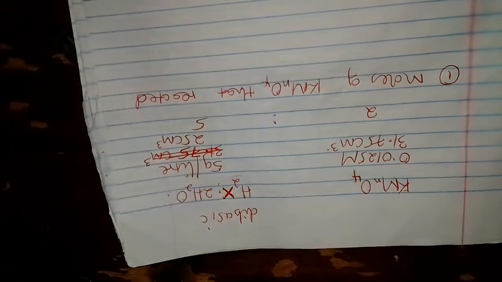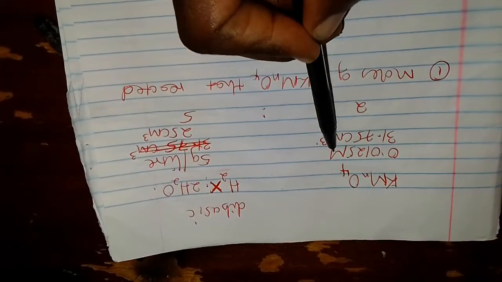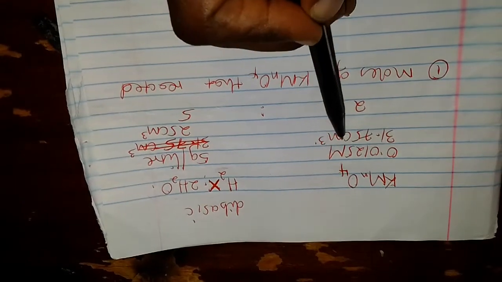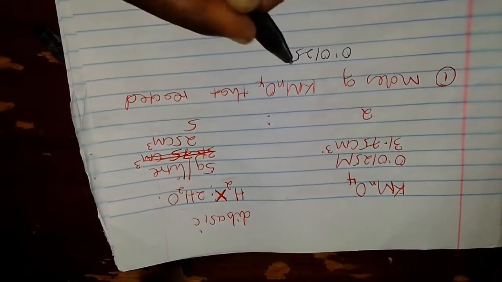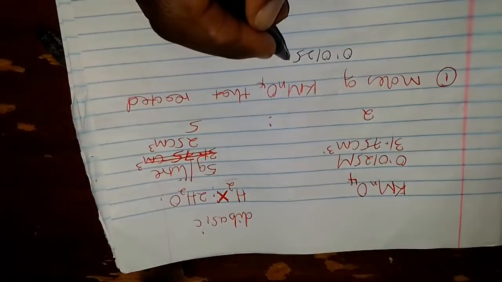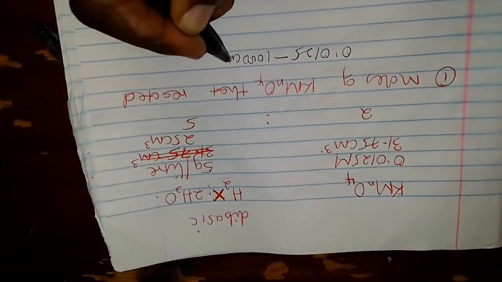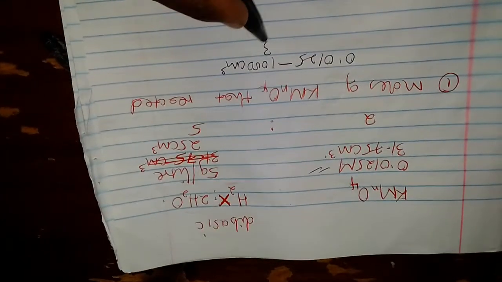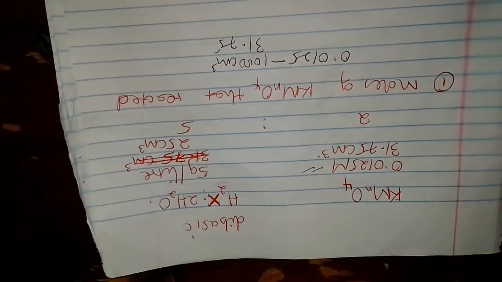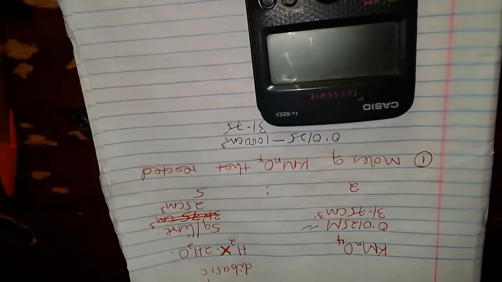So I'm going to have this CuMnO4. This capital M tells us that these moles are found in 1,000. So what about 31.75? So 0.0125 moles, because of this capital M, are obviously found in 1,000 centimeters cubic. This is called molarity. Then what about 31.75? What will be the answer?